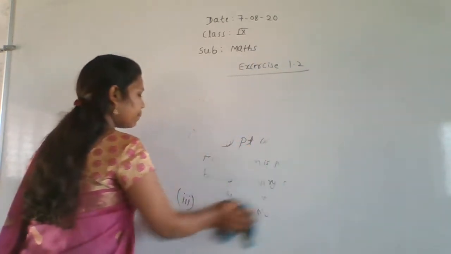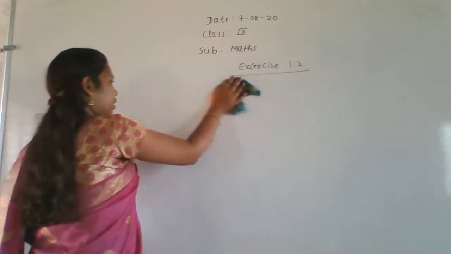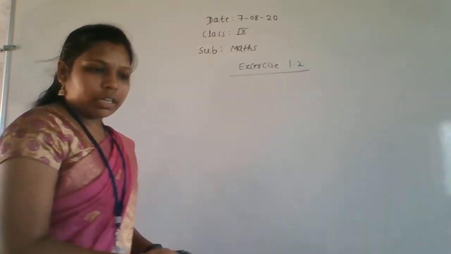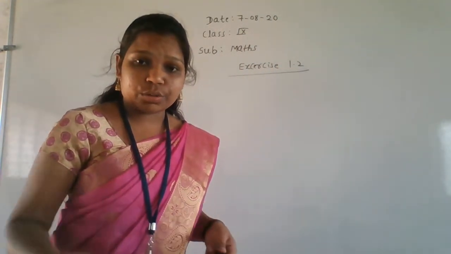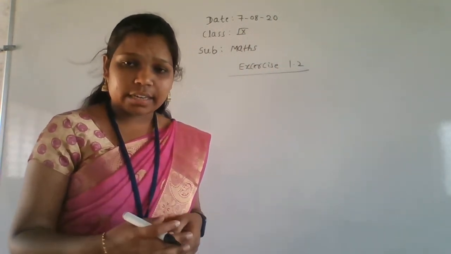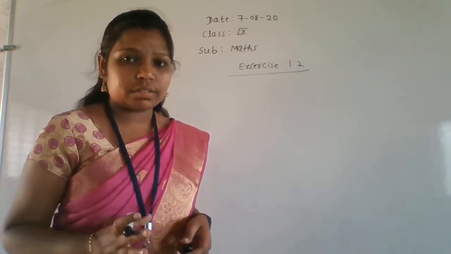If you are not getting it properly, please call and clarify your doubts and don't hesitate here. Already you are in 9th standard and don't fear to ask any questions. If you are not understanding anything, please call the school number and clarify your doubts.